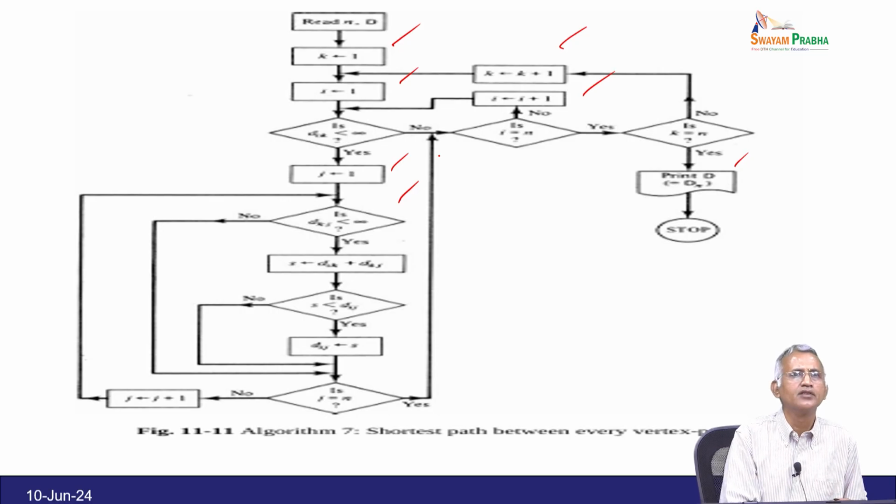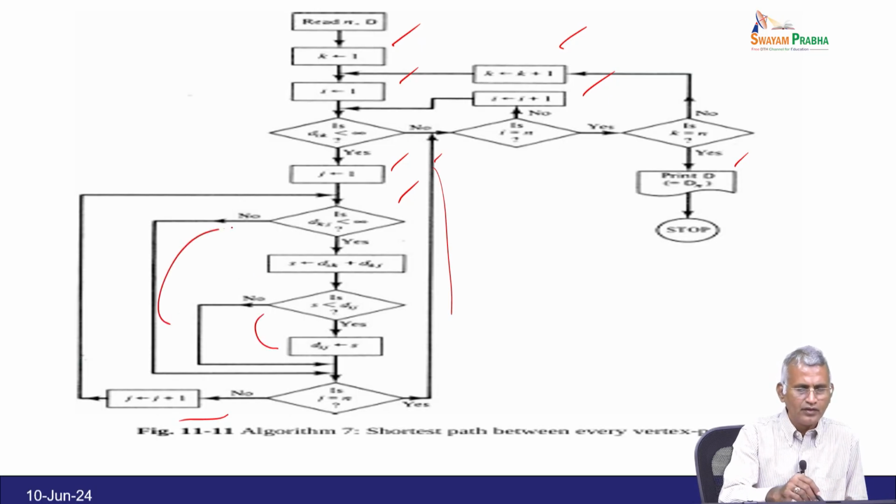Then x equal to Dik plus Dkj. If x is less than Dij, then update Dij and map to s. If j equal to n, go on to the next step, otherwise j equal to j plus 1 and the process goes on. So we have a loop here. This gives the shortest path between every vertex pair.